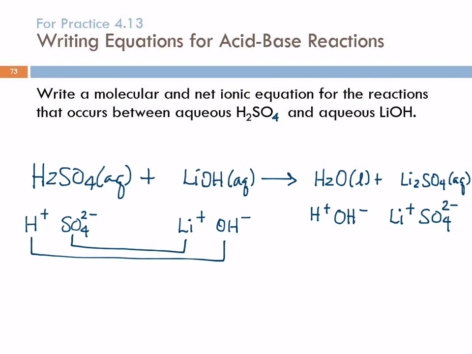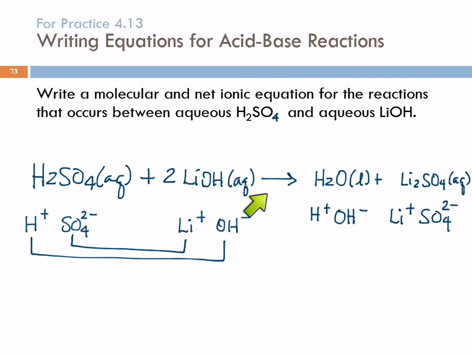So there's a molecular equation. Is it balanced? No. This is a diprotic acid. And so the diprotic acid is going to need 2 moles of the hydroxide. So we're going to need 2 of those. So doing that, I've got 2 lithiums and 2 lithiums.